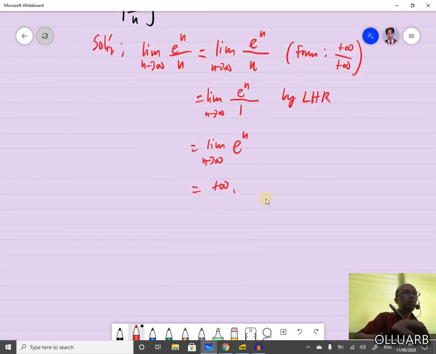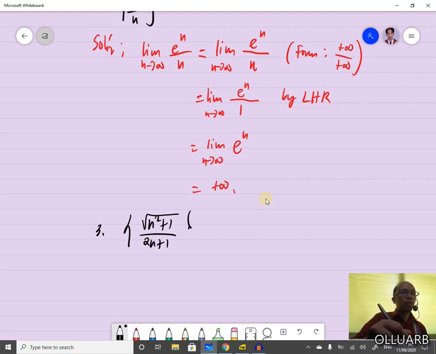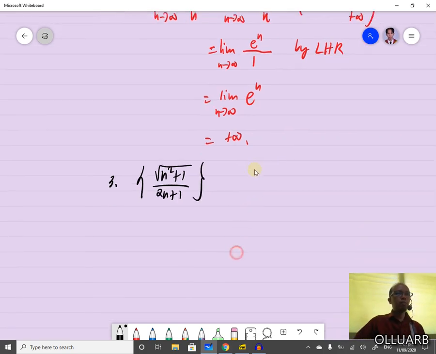For our third problem, oh sorry, back. Third problem. Our third problem is this one. What if you are given the square root of n squared plus 1 over 2n plus 1? So this is our sequence.